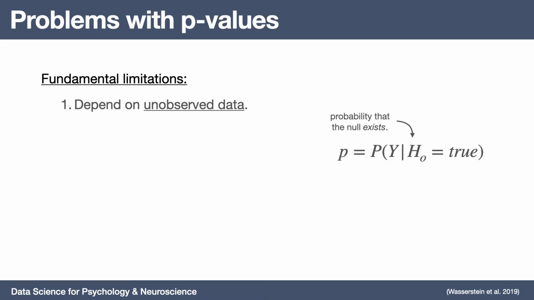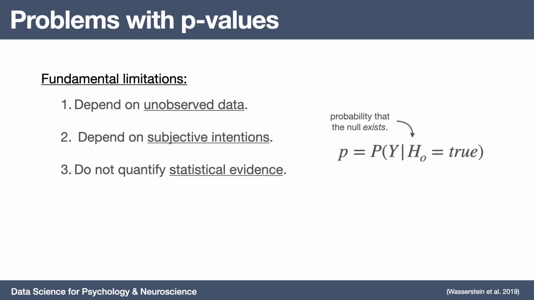You don't actually calculate them, although you can with things like permutation tests, but they often just depend on this unobserved data assumption. They depend on subjective intentions, which leads to things like p-hacking. They actually don't quantify statistical evidence. The p-value itself is an existential test, not an evidentiary test. And they are poorly understood by the research community, and thus they are often used in inappropriate ways.